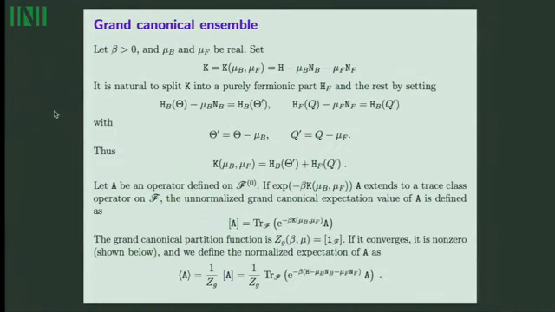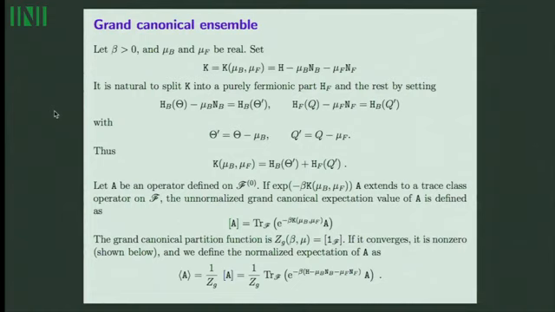So, and then one does the grand canonical ensemble. So one takes an inverse temperature and two chemical potentials, for the bosons and for the fermions. And one just writes an operator K, which is H minus these chemical potentials, by which you can adjust the average number of particles.